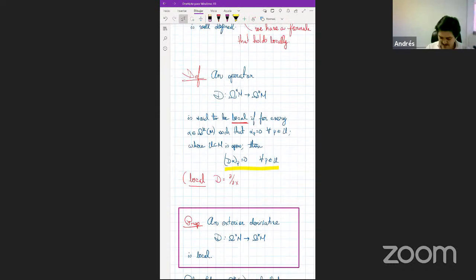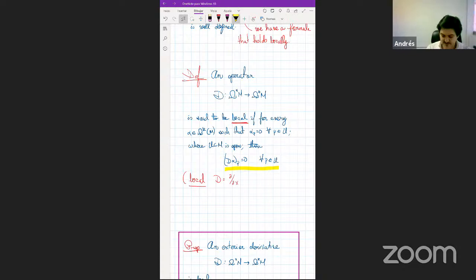And the way that we will use this is the following.